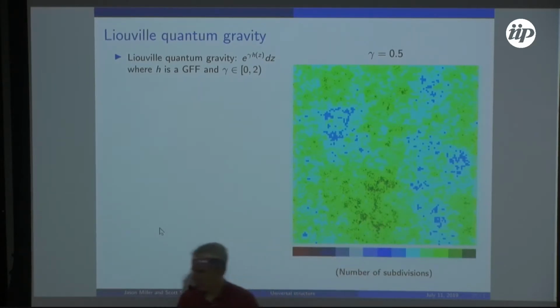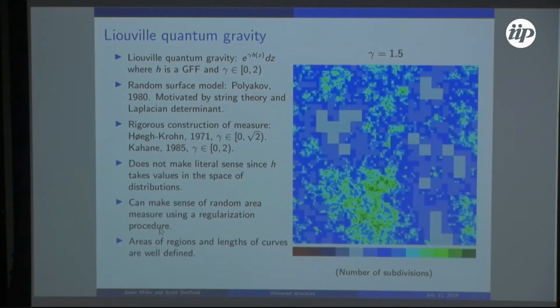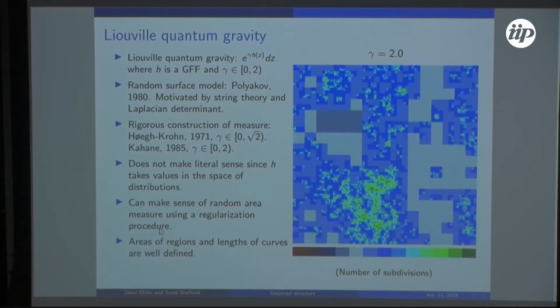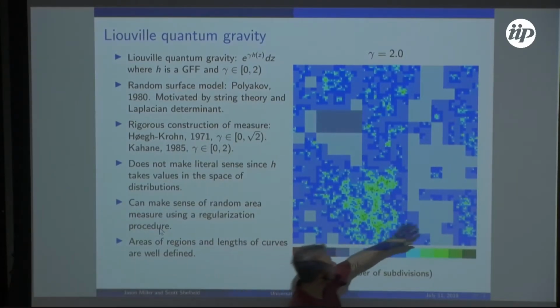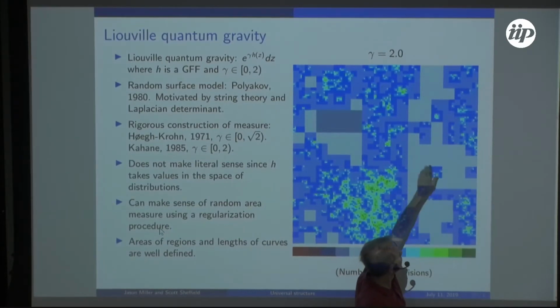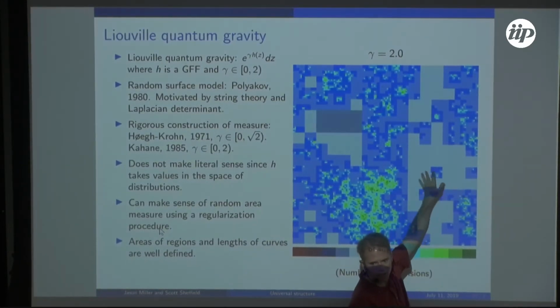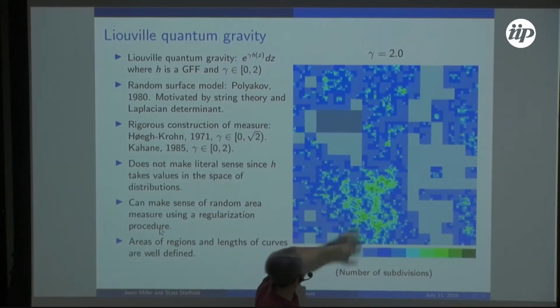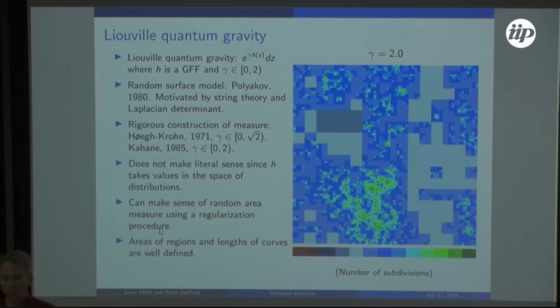And you can see that as gamma gets bigger, the gap between the rich and the poor becomes larger. Here you have some places where there's very little going on, maybe the middle of Iowa or the Sahara Desert, and here maybe this is Paris and this is Manhattan. These are the population centers where everything happens. Those correspond to what everyone's been calling multifractality. These are the special points where the field is larger than usual.